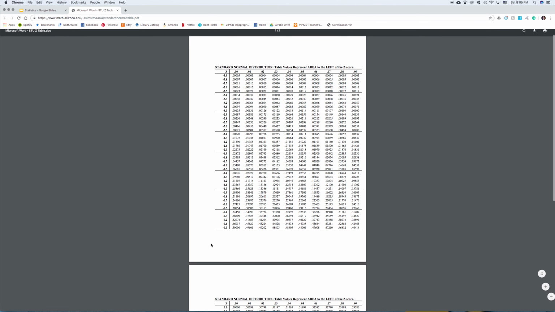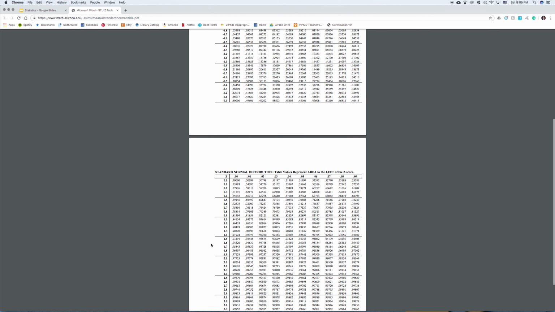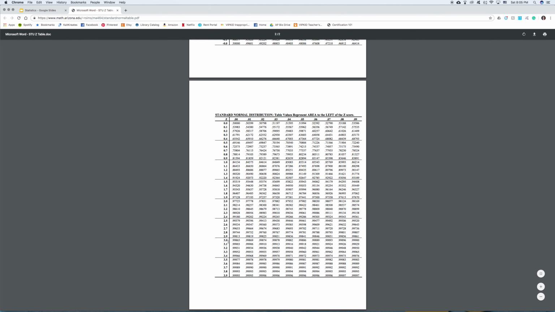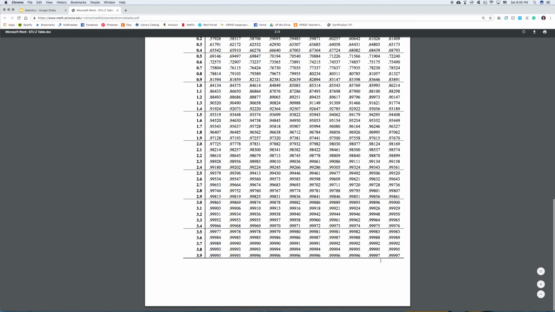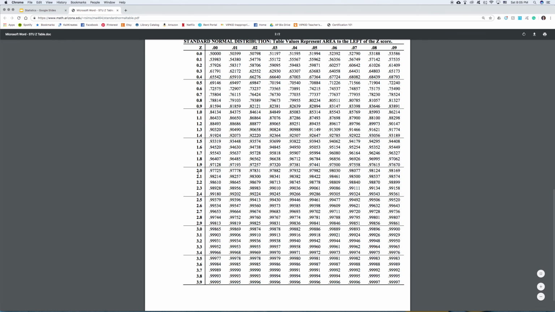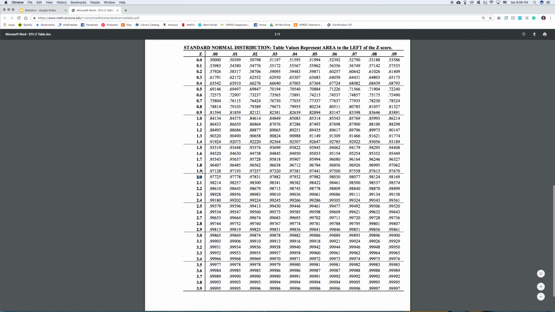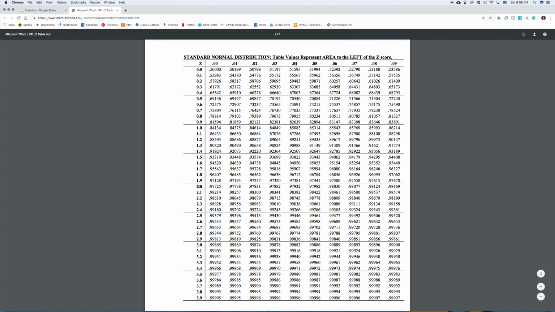The z-score is 2.04. So we're going to scroll here, going to find 2.04. So we go to 2.0, and then we come across to 4, and you get 0.9793.